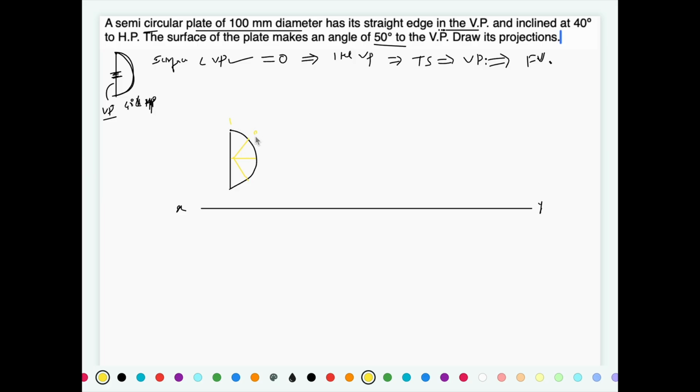Let's say this is the first, second, third, fourth and fifth division. Project all the points for the top view.